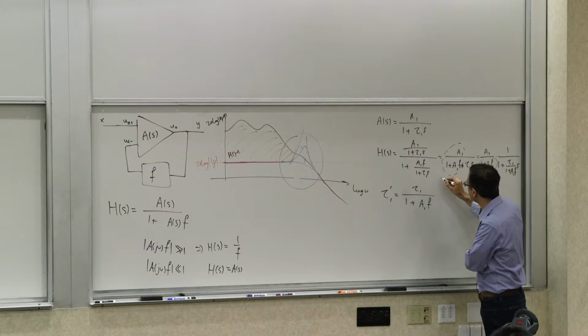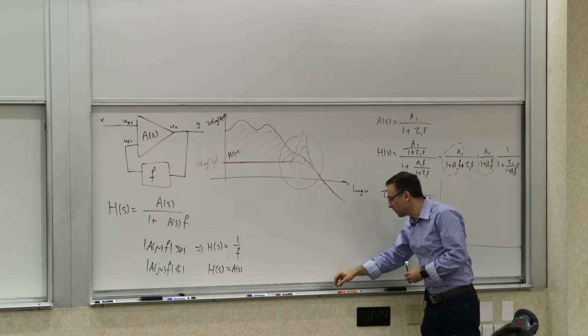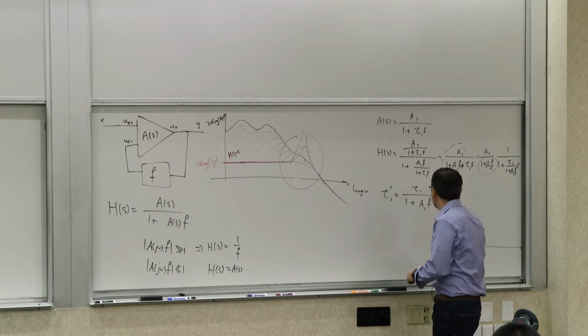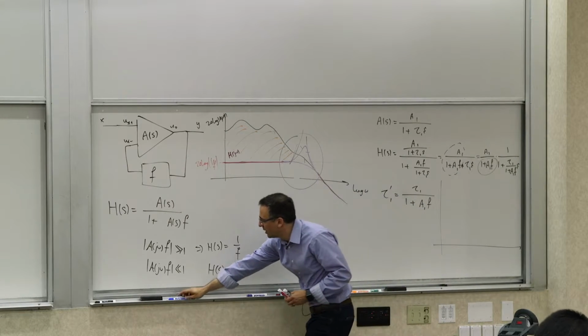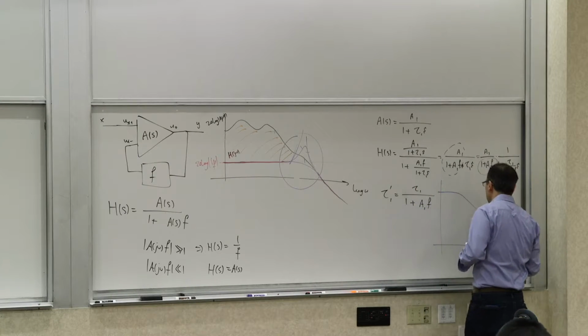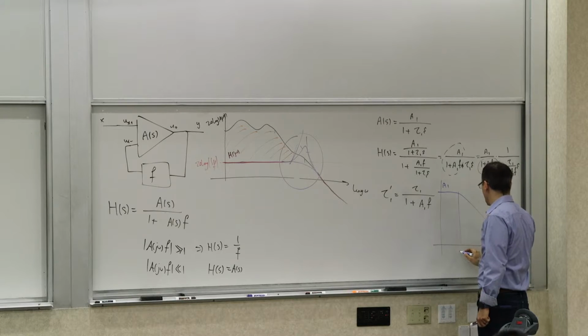So what's happening here is that if you look at this plot, originally the open loop system was A1 and some omega 1.